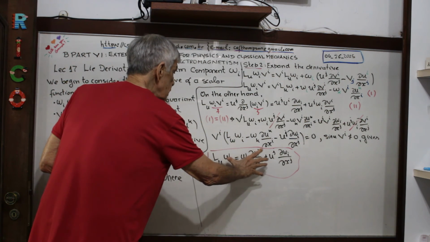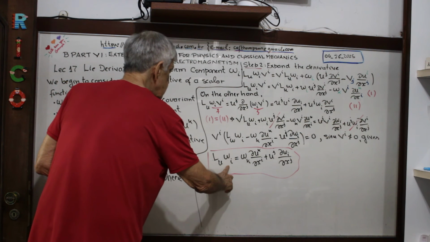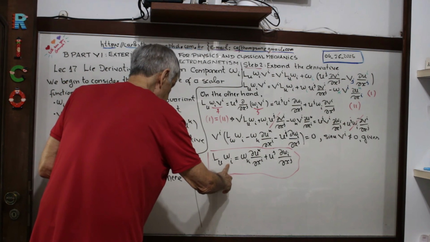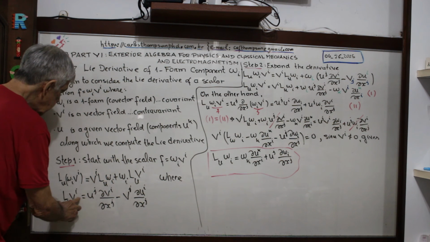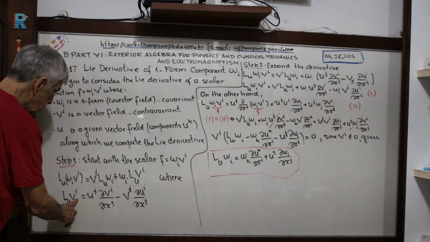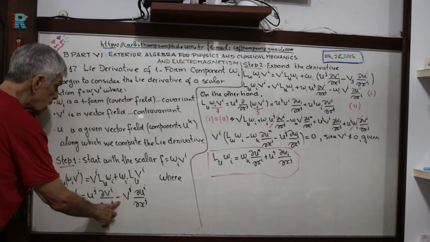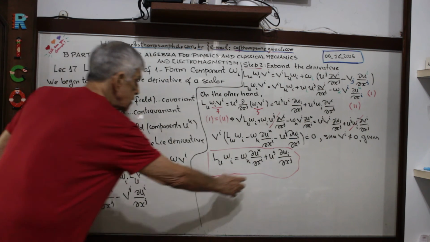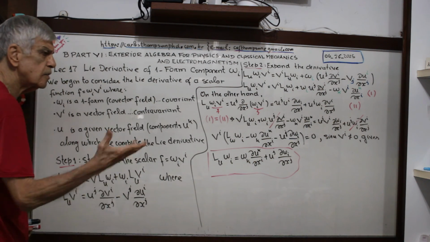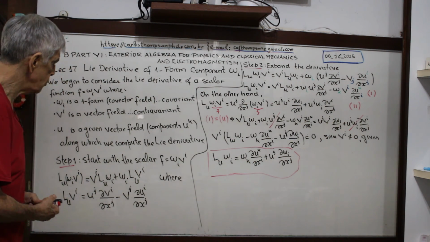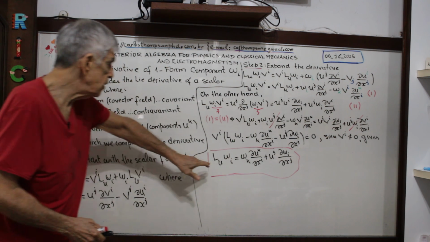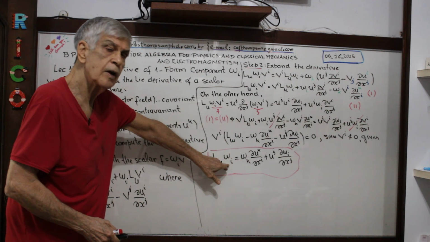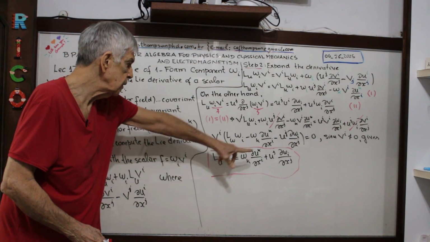If you compare the Lie derivative of this covector and the Lie derivative of the vector component, this is a minus sign over here, and this is a plus sign. Just an observation for you. That's a derivation of the Lie derivative of a covector, omega_i, just there.